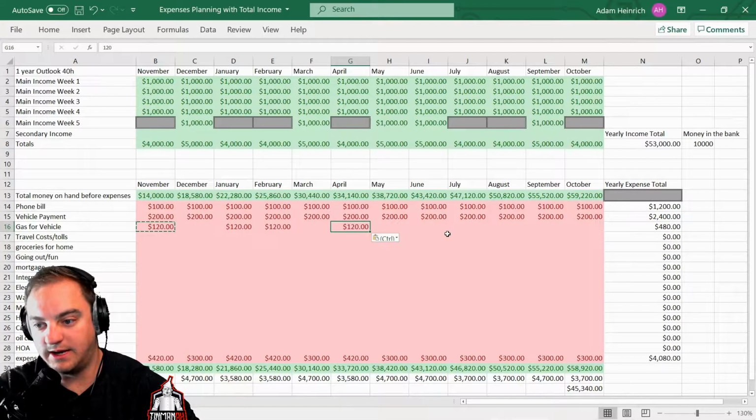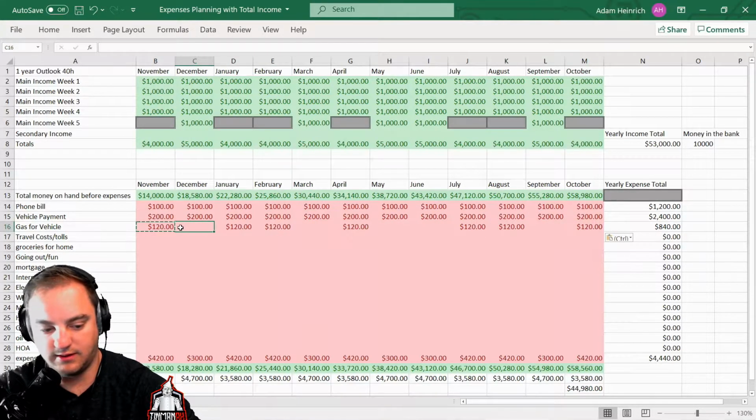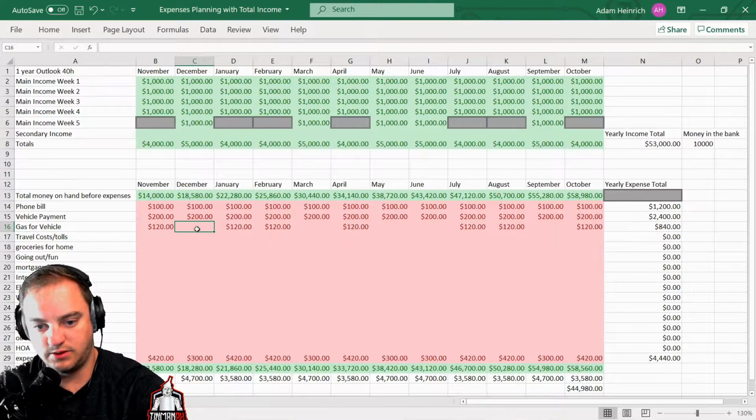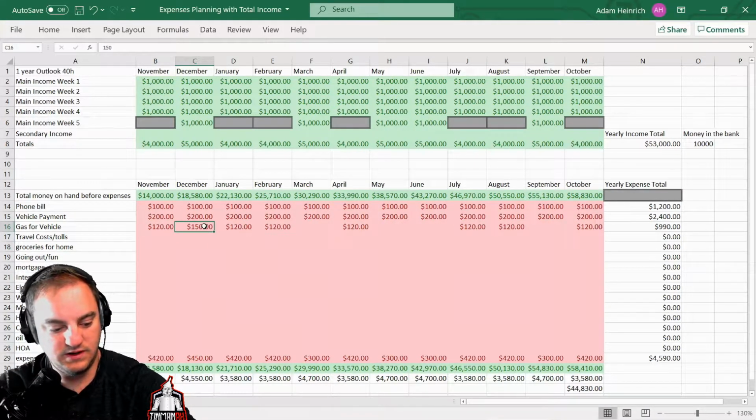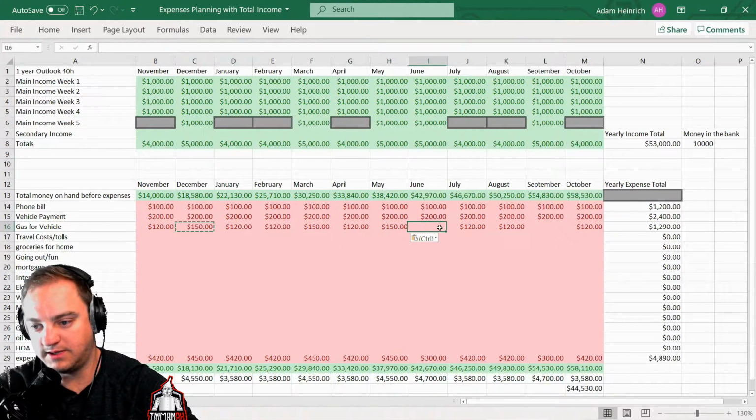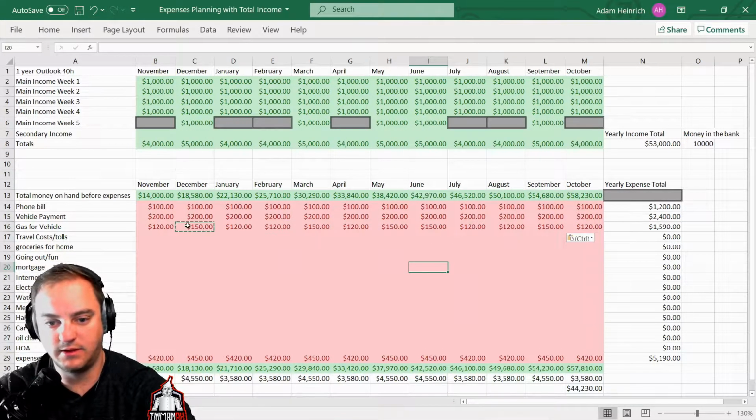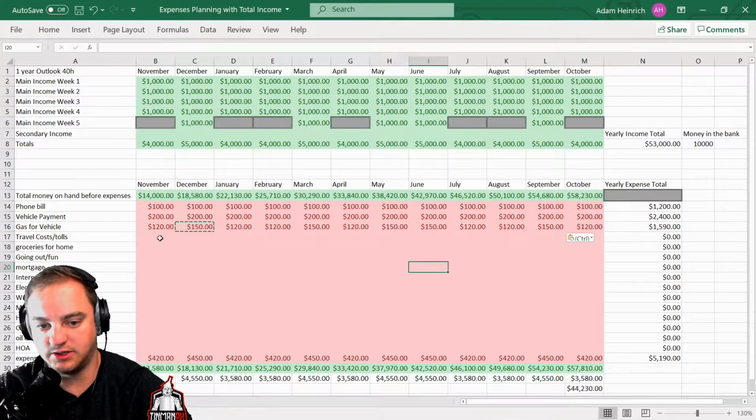Now this is how I do it. You can, by all means, do what you want to do with your Excel. So 30 times 5 is 150, and you're going to copy that, paste, paste, paste, paste. Okay? And you're starting to see these numbers change.